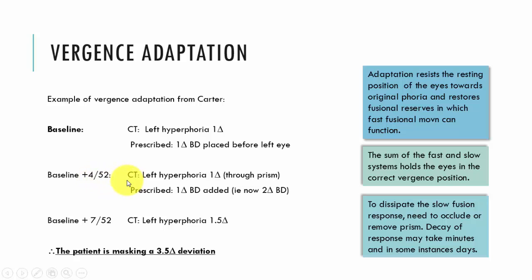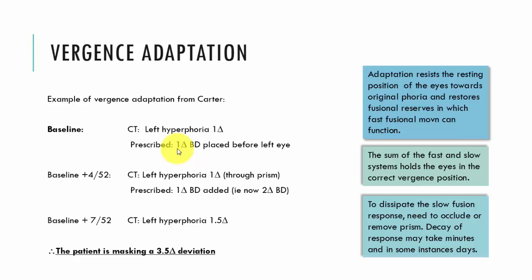The patient returns, and the cover test result shows that there is a left hyperphoria of 1 diopter through the prism. So despite us inducing a vertical fusional movement by putting that 1 diopter base down, the patient has returned 4 weeks later with exactly the same measurement of the phoria as baseline.